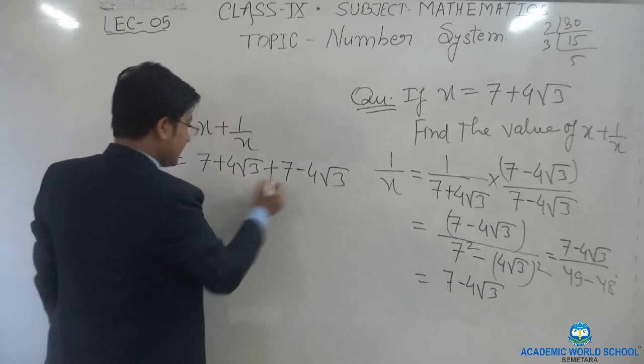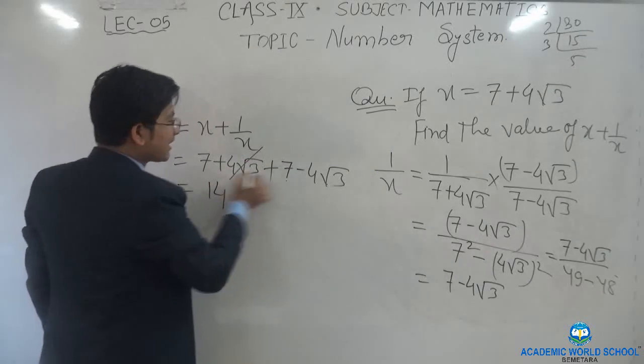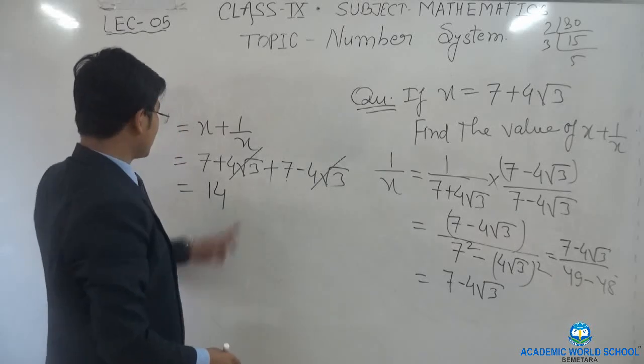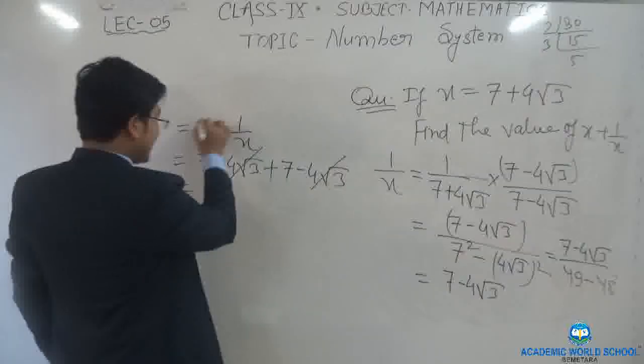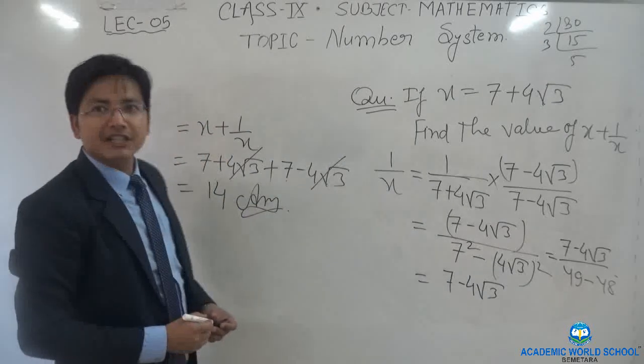So 7 plus 7 will be 14, and the 4 root 3 terms cancel out. Therefore the value of x plus 1 upon x is equal to 14.